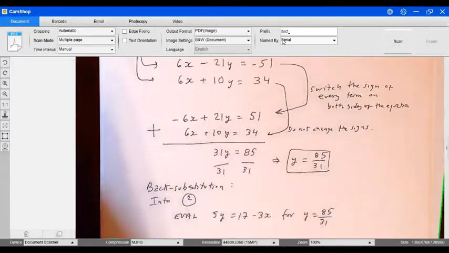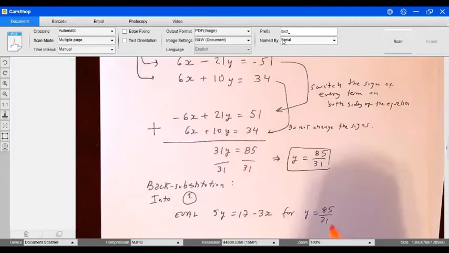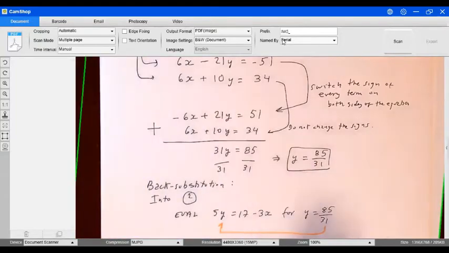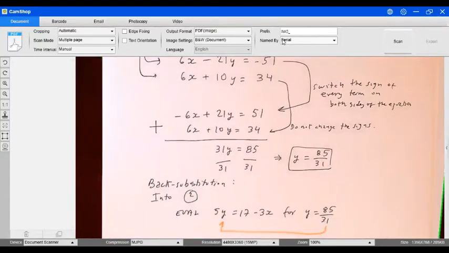So that means I'm going to replace y with 85 over 31. Let's see what equation I'm using. 5y, 7y. Okay, so I need to find x.